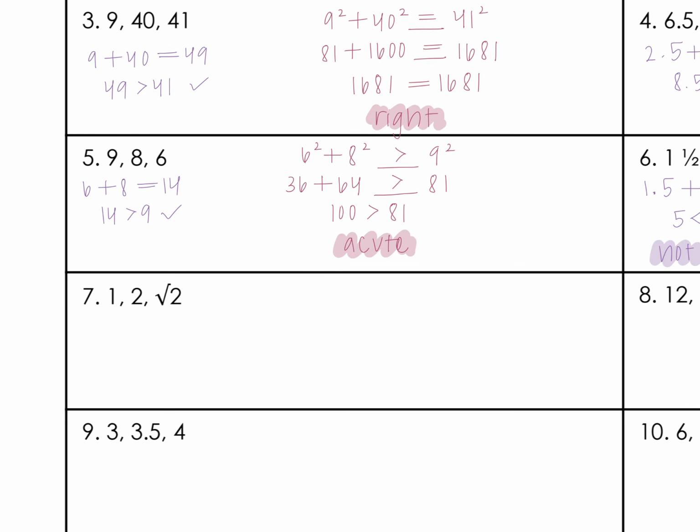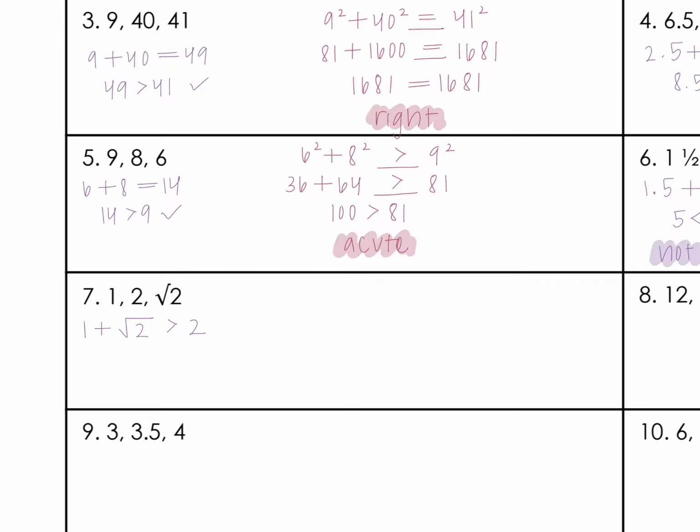All right, so in this one here, we're going to have our 1 plus that root 2, and we're trying to just make sure that this is going to be greater than my 2. So this one's a little bit of a different scenario, but let's talk about what's happening here. Think about the fact that my square root of 2 is going to lie somewhere between 1 and 2, because the square root of 1 is just 1, and the square root of 4 is 2.